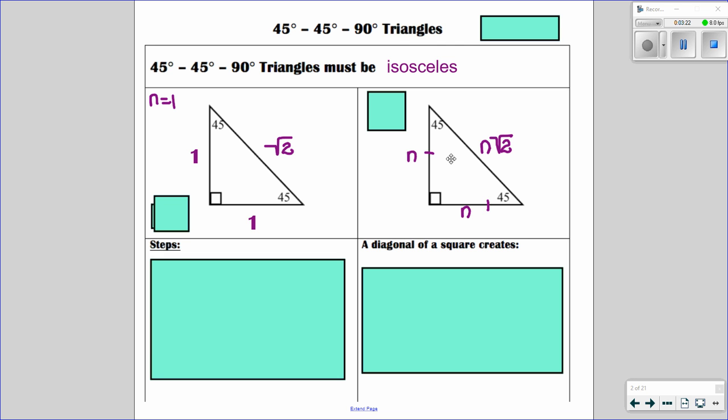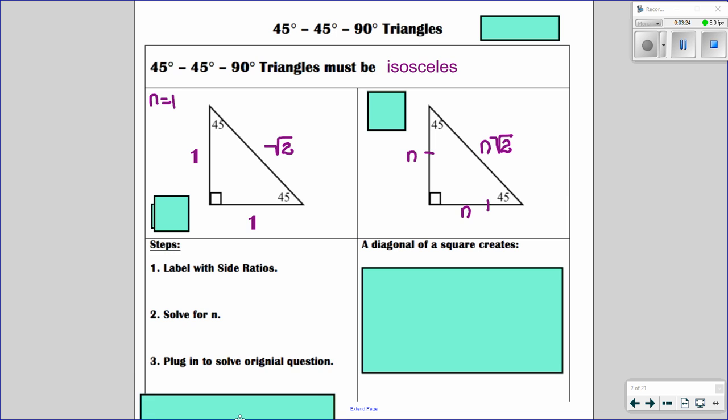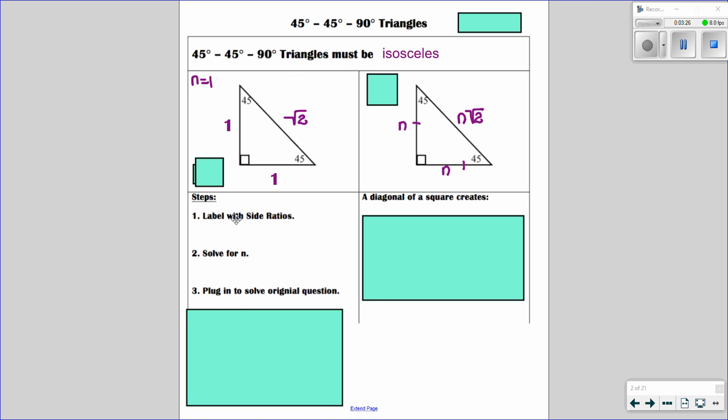The steps are: label with the side ratio, that's n and n square root of 2. Then solve for n. Let's say you didn't have the n; you have to figure out what n is so you can plug it into the respective sides. Then plug in to solve the original question.